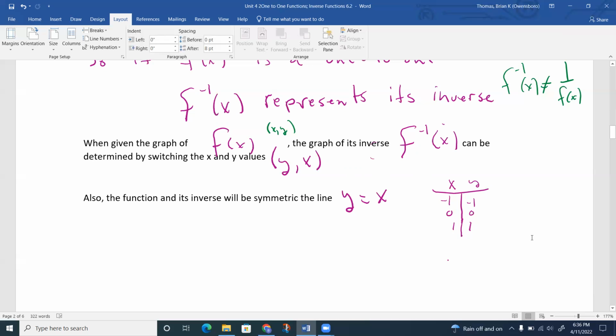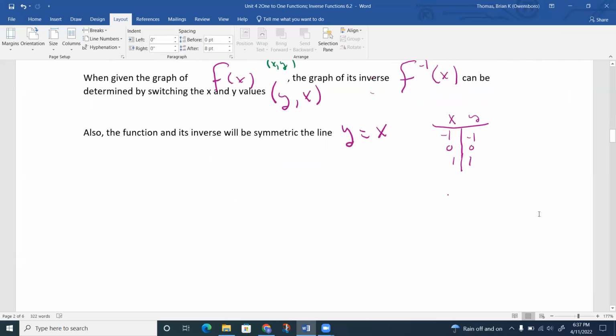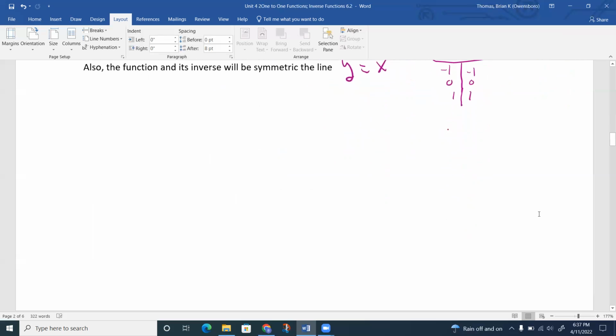Something else to be aware of is the function and its inverse will always be symmetric to the line y equals x. So when you graph both of those on the same graph, they should be symmetric to the line y equals x. And remember, these are the critical ordered pairs in graphing the line y equals x. So -1, -1, 0, 0, 1, 1, those are your critical points in graphing that.